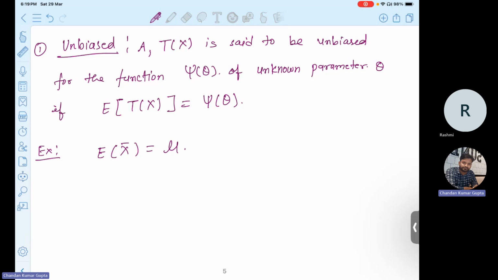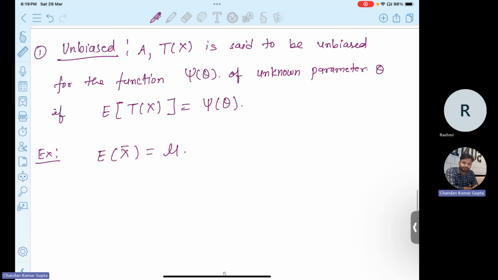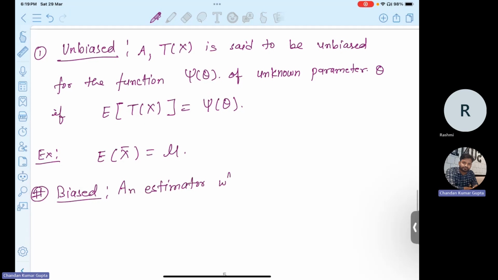Since it is not always possible that the sample values equal the population values, we have introduced the term biased. An estimator which is not unbiased is called a biased estimator.